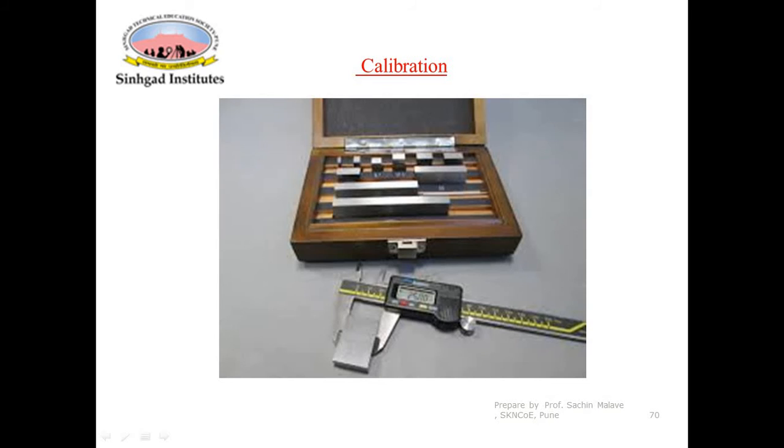The basic principle behind taking a measurement is to hold the component between these two jaws. In the case of the vernier caliper, the object is held between the two jaws, and the gap between the two jaws is your measurement, which is displayed here.